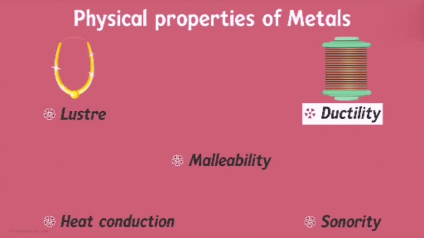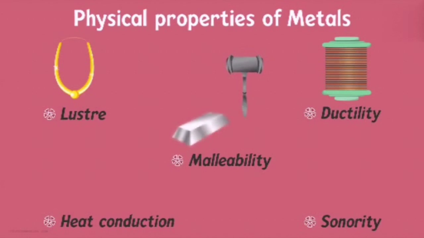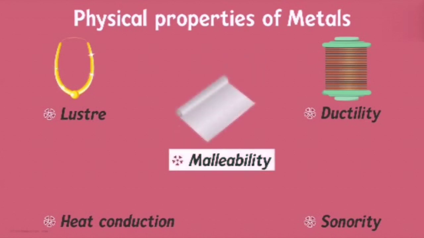And what happens when we beat a metal using a heavy hammer? We don't have to worry. They are hard enough not to break. Also, the fact that they are malleable can help them to form a thin sheet when they are hammered.